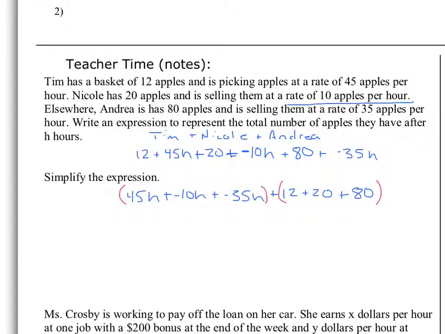I have 45h plus negative 10h, and I'm just going to do this 2 at a time because sometimes I make mistakes. So this is going to give me 35h plus negative 35h plus, and after I combine these two, that's going to give me 32 plus 80.